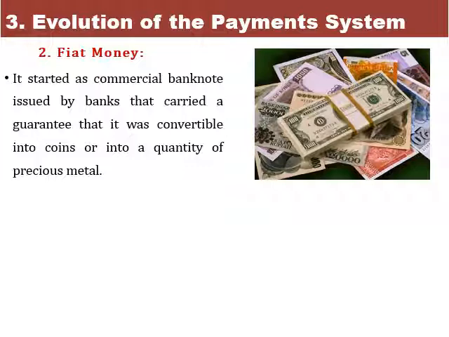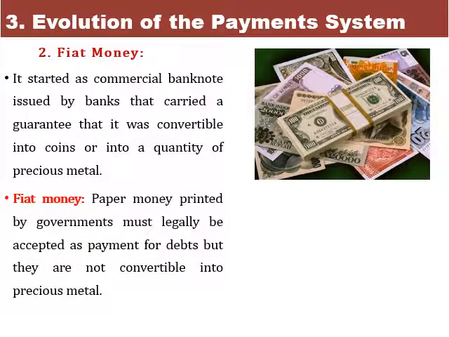So we should use it in our payments according to the law. The current form of fiat money is printed by governments and must be legally accepted as a way of payment for our purchases and in the repayment of debts. However, it's not convertible into precious metal anymore.